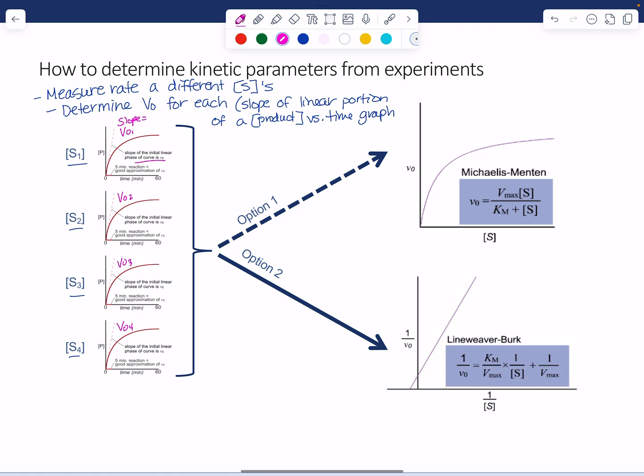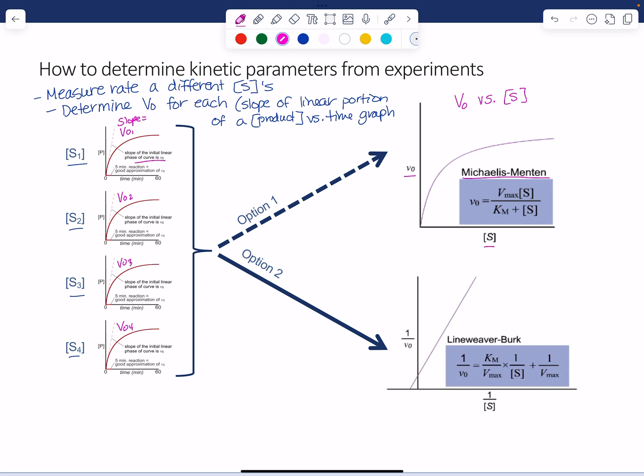Then what we're going to do is graph the data in one of two ways. The most accurate way, and the way that we can use now that we have computers that make it easy to do curve fitting to nonlinear functions, is we can plot V0 versus substrate concentration. This is what's called a Michaelis-Menten plot.